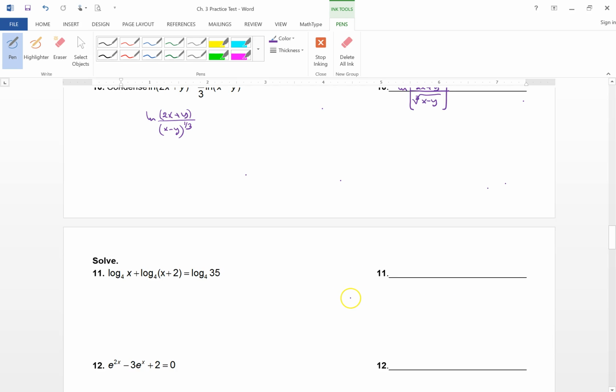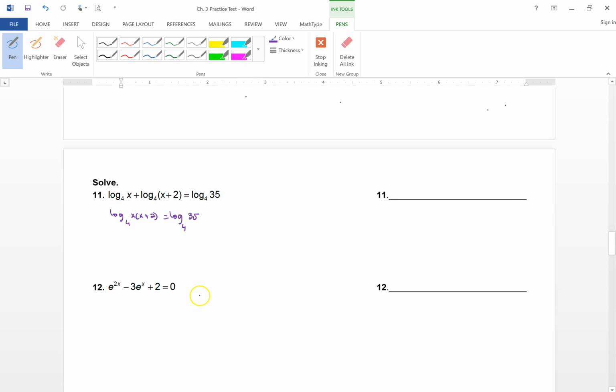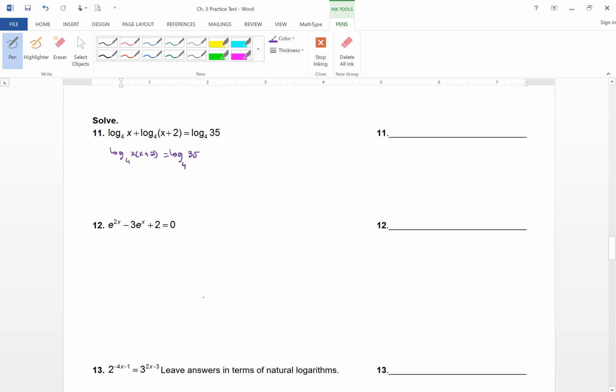And the first one needs to be condensed before we can solve it. So it's log base 4 of x times x plus 2 equals log of 35. So x times x plus 2 equals 35. x squared plus 2x minus 35 equals 0.